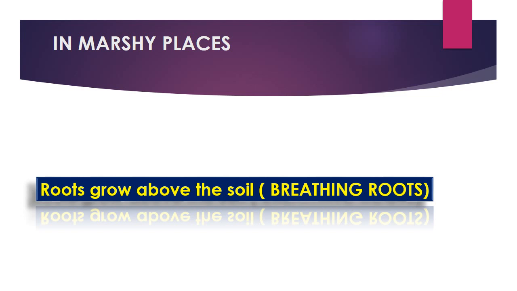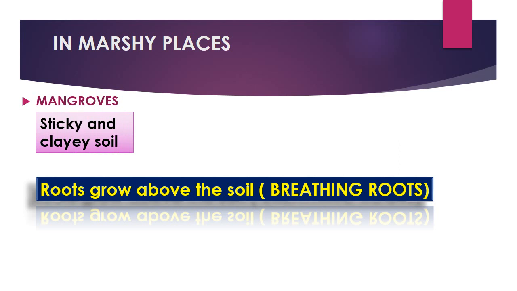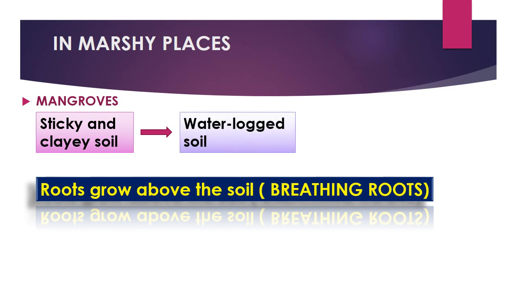In the marshy area, a special type of tree grows which is called mangroves. In the marshy areas, the soil is sticky and clayey, due to which the soil becomes waterlogged, in which there is no space. If there is no space, there will be no air in the soil.